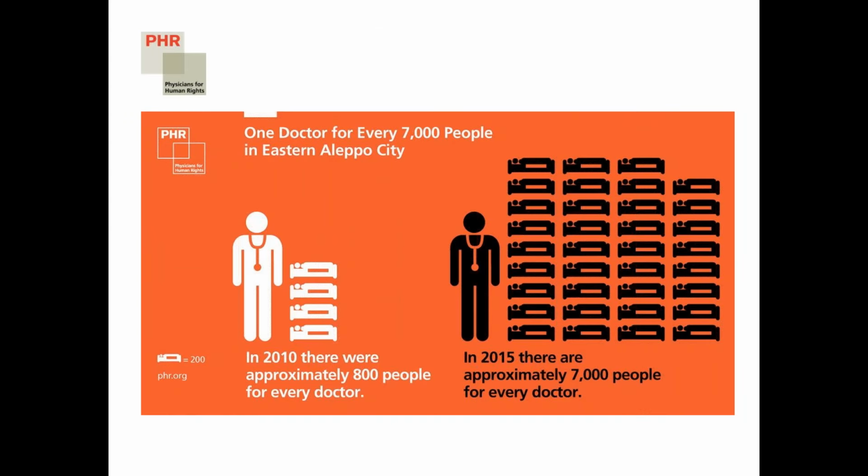So with the documentation in the map, we had both short-term and long-term goals. The short-term goals were basically to inform people, the public, media, policymakers, and partner organizations of attacks on healthcare that were happening in Syria.